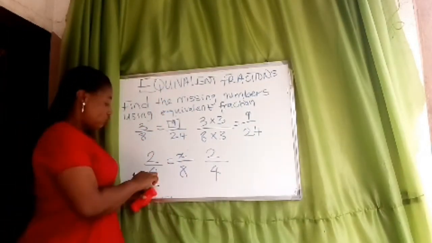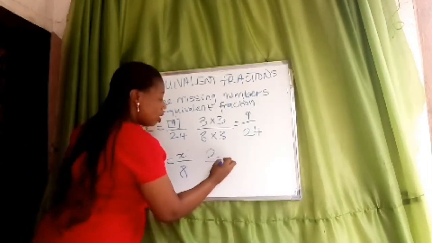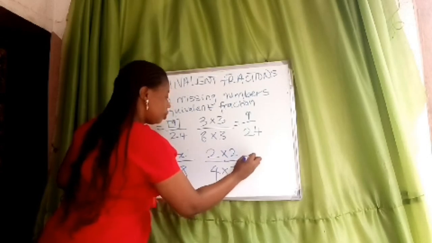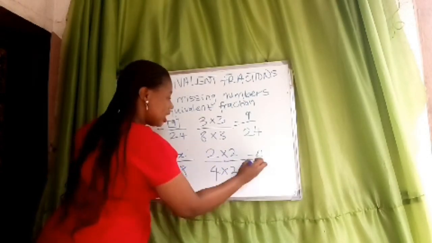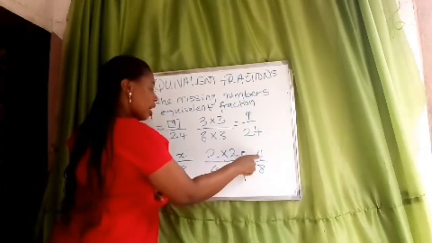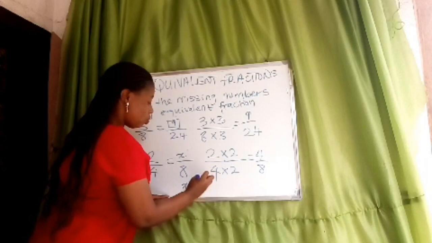Remember, we found that when we multiply 4 by 2, you have 8. So we multiply with that fraction. 2 times 2 is 4, and 4 times 2 is 8. So the 8 is already here, so 4 is here. So x equals to 4.